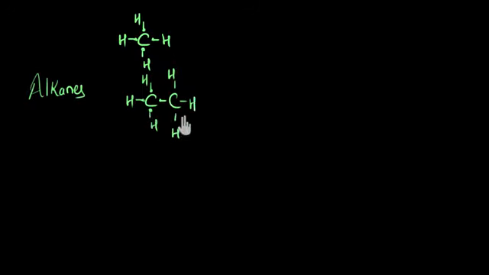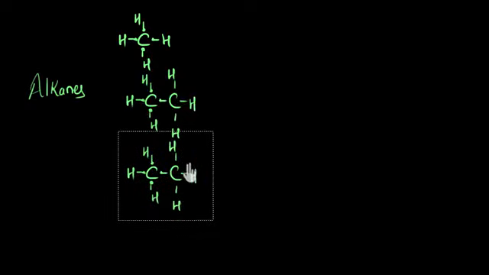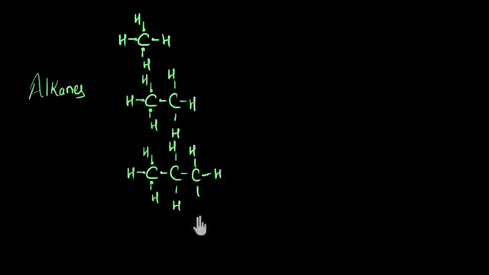So this is also a valid member of the alkane family. See, this is acyclic and all the carbon atoms have single bonds with each other. There are no double or triple bonds in this compound, right? So this is another alkane. Now similarly, I can keep on elongating this chain. I can take a copy of this compound and replace a hydrogen with another carbon and fulfill its valencies with hydrogens.